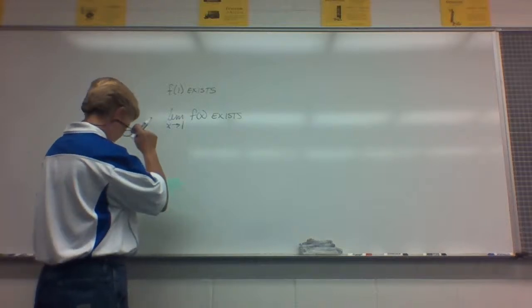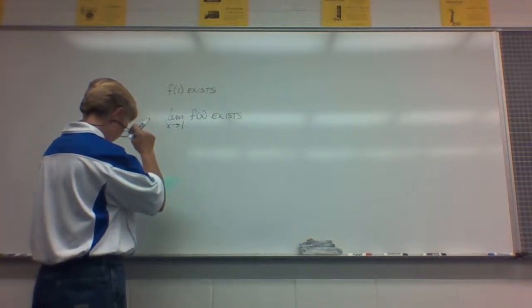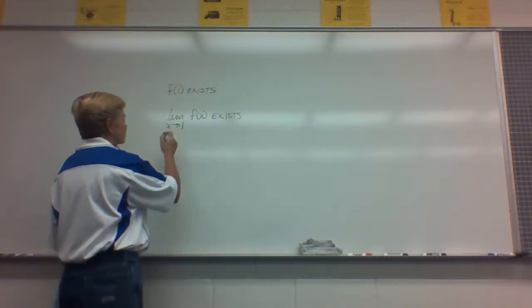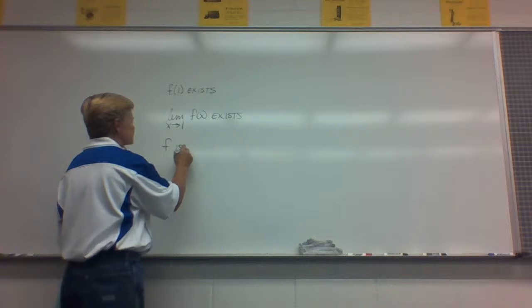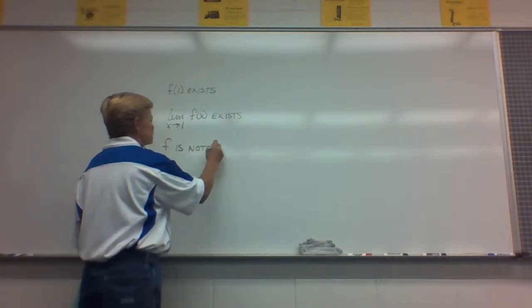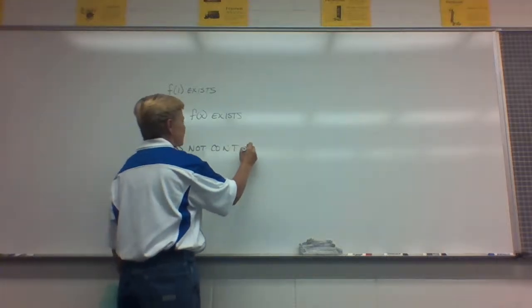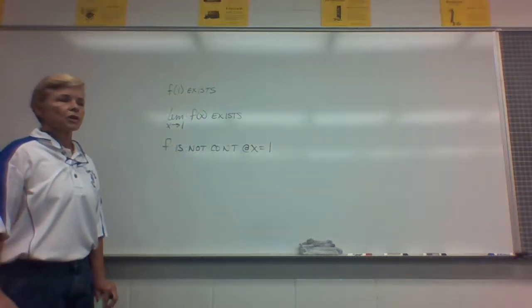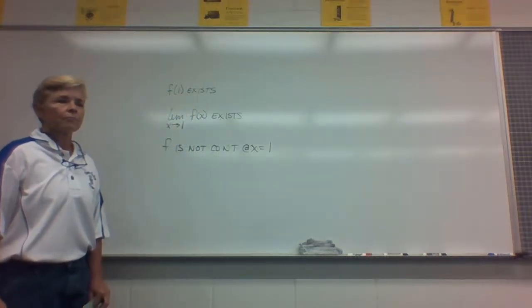Make sure I got this right. Okay. So that's what we just said. What about f is not continuous at x = 1. Are you starting to imagine what this might look like?